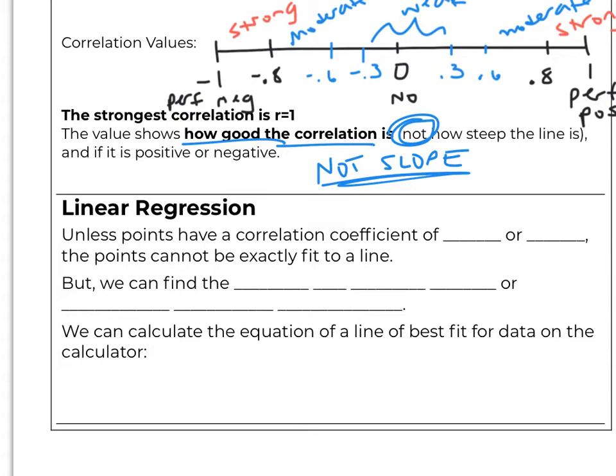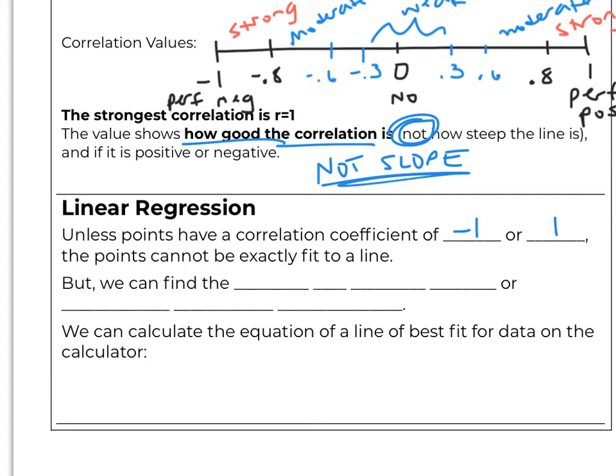So what is linear regression? Unless my correlation coefficient is -1 or 1, the points do not exactly fit a line. But they obviously have a relationship, so it would be helpful if I could use it to predict different things.